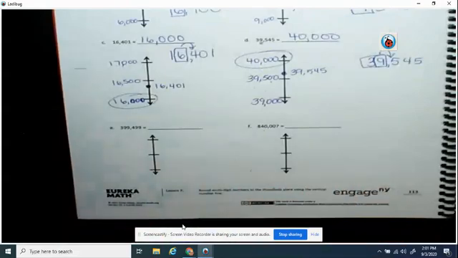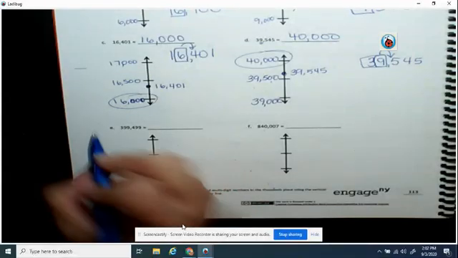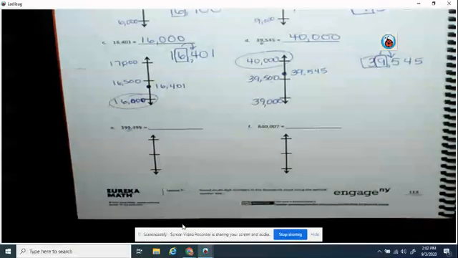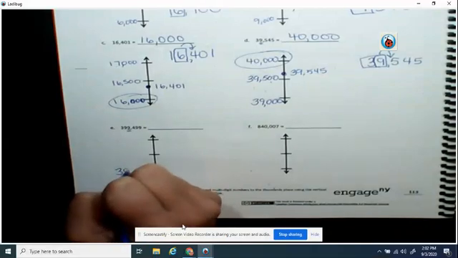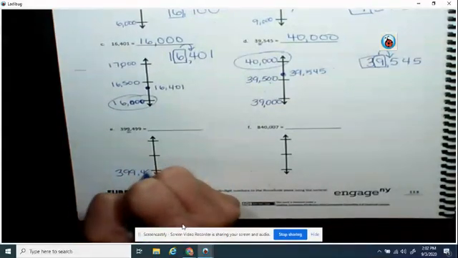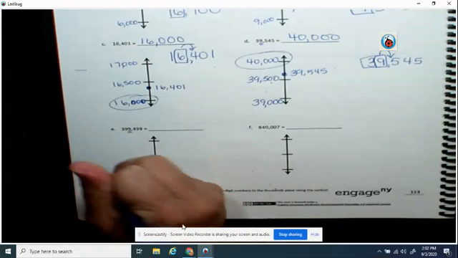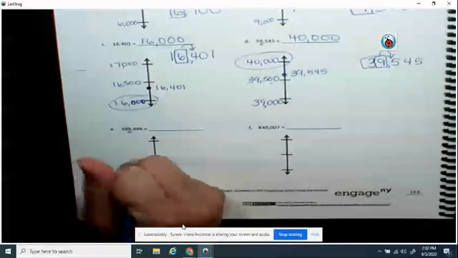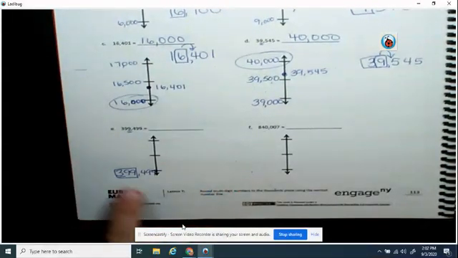All right, now we get even bigger into the 100,000s place, but we're still only rounding to the nearest 1,000. So we're only focused on that thousands. So I've got 399,499. But I've got to think if this is 399 because I'm only going up 1,000.